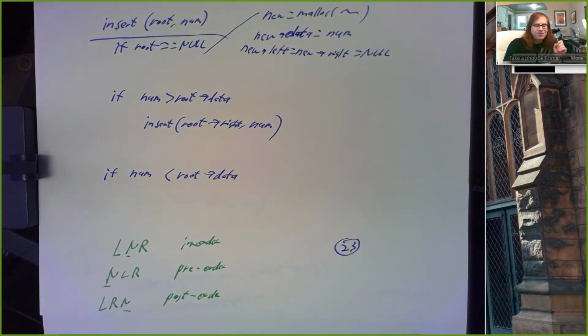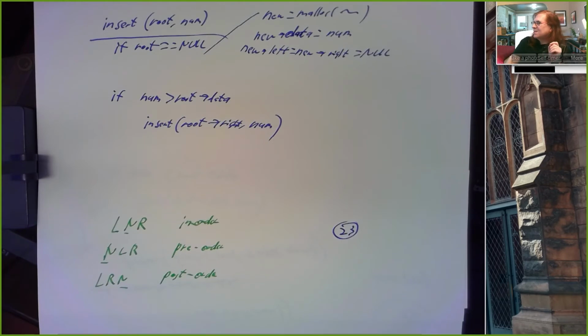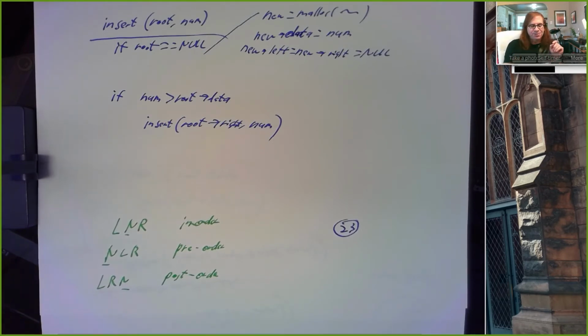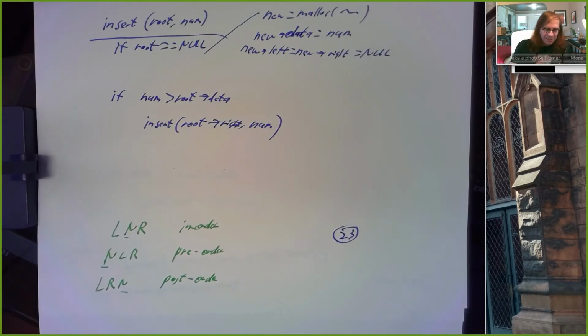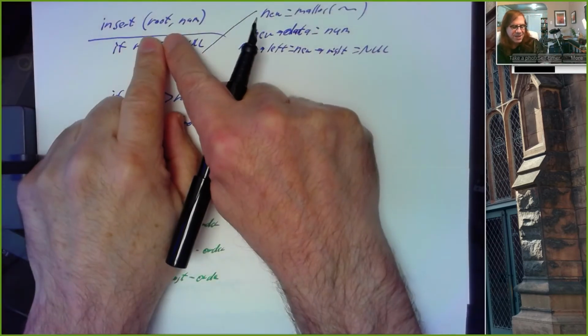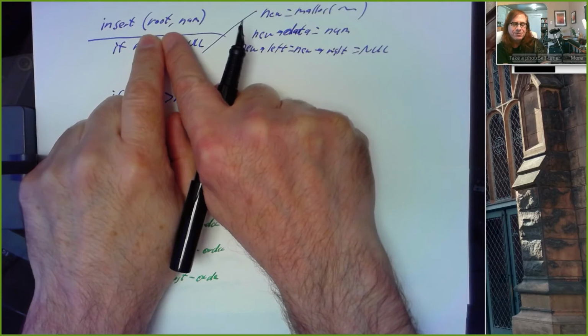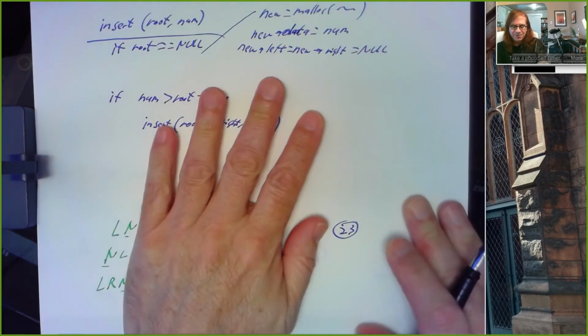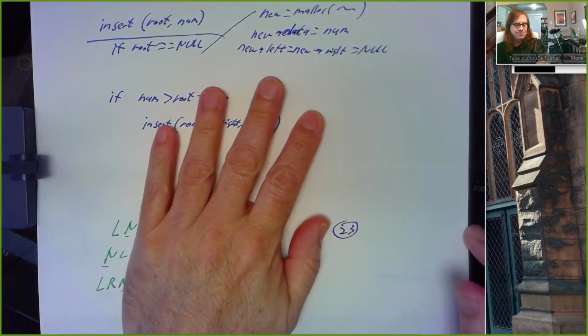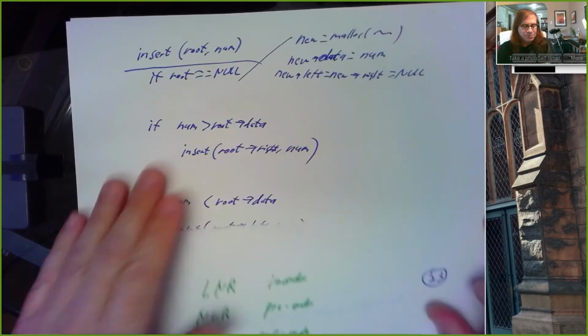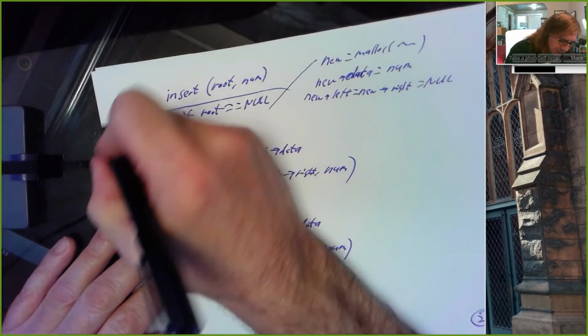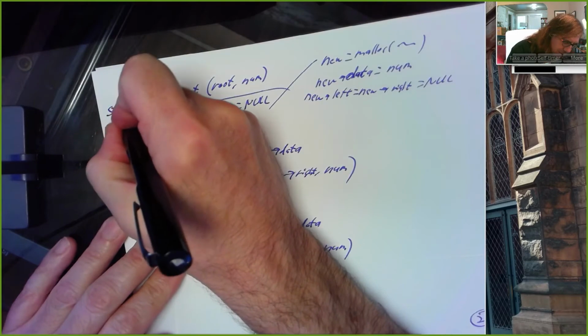And here's the tricky thing that I mentioned about needing to have the insert function return a tree. Because if I call insert and I pass null here, when I come back from insert, I want my caller to have a tree containing a 23. So we need this insert function to return a root.